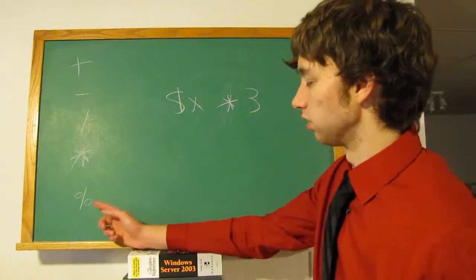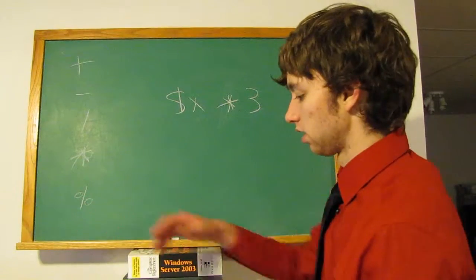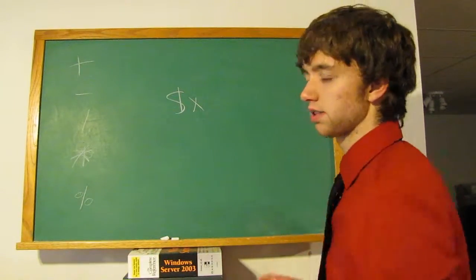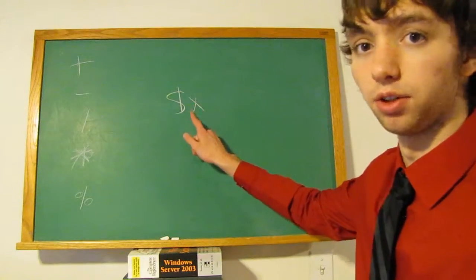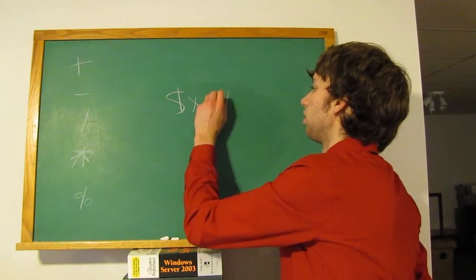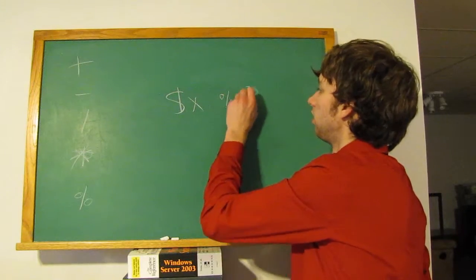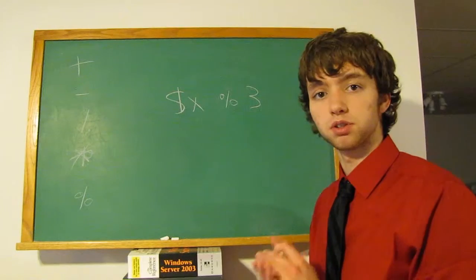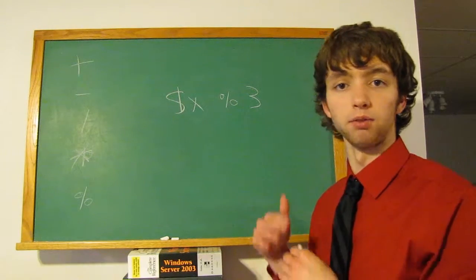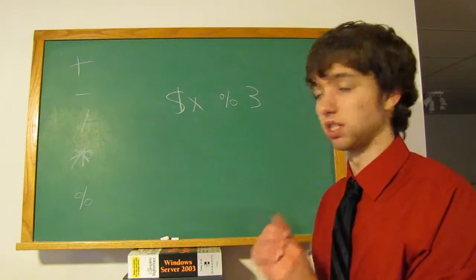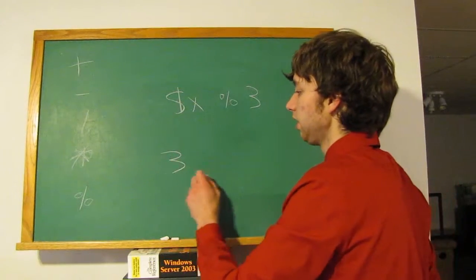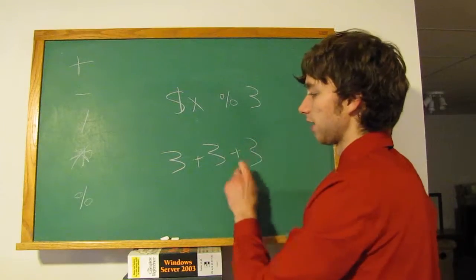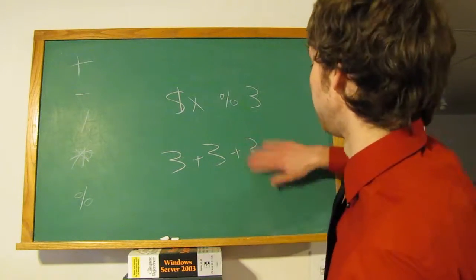Then we have the modulus, which is a remainder. So this one's a little more tricky. So let's say this is the value 7, and we're going to get the modulus of 3. Well, basically, we count how many times 3 goes into 7, and then however many is left is the result. So we could get 3 plus 3, which is 6. But you see, if we try to add another 3, it's 9, so that's too many.